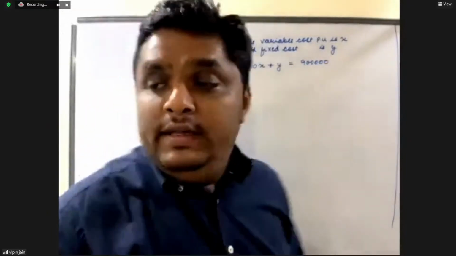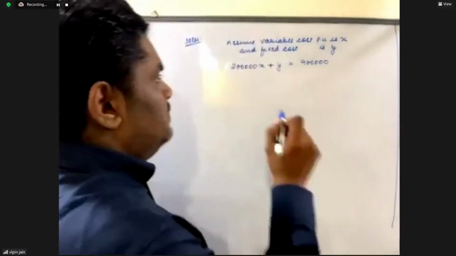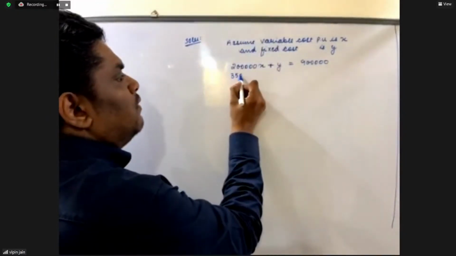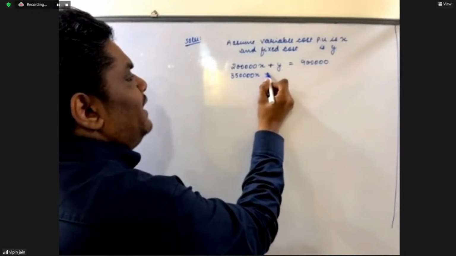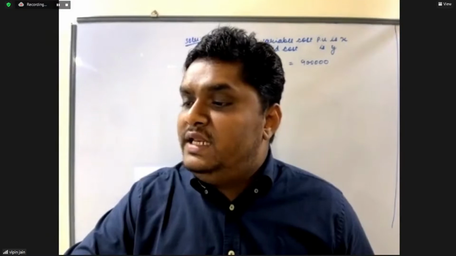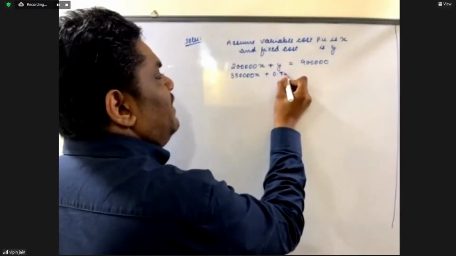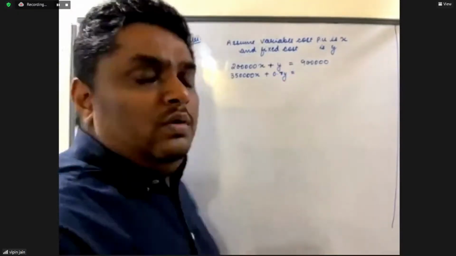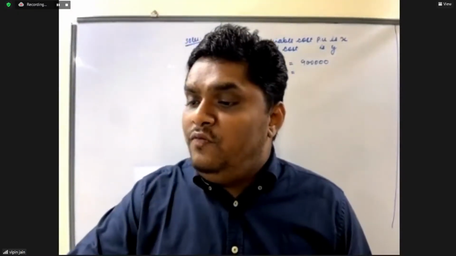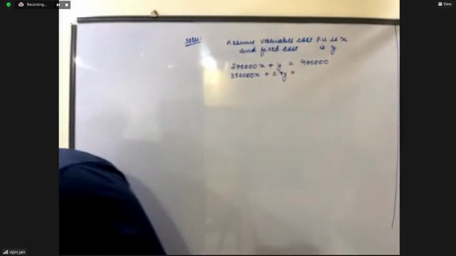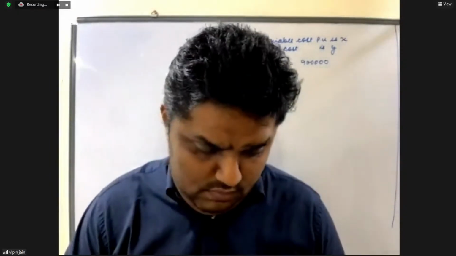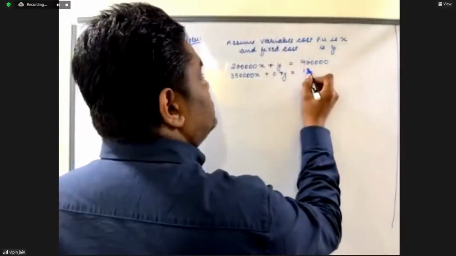Further, in the second case, later on, he produced 3,50,000 units into X. Now, here in the second year, the fixed cost has decreased by 30%. So it means it will be 0.7Y, which should be equal to 3,50,000 into 4.2. So this will be 14,70,000.